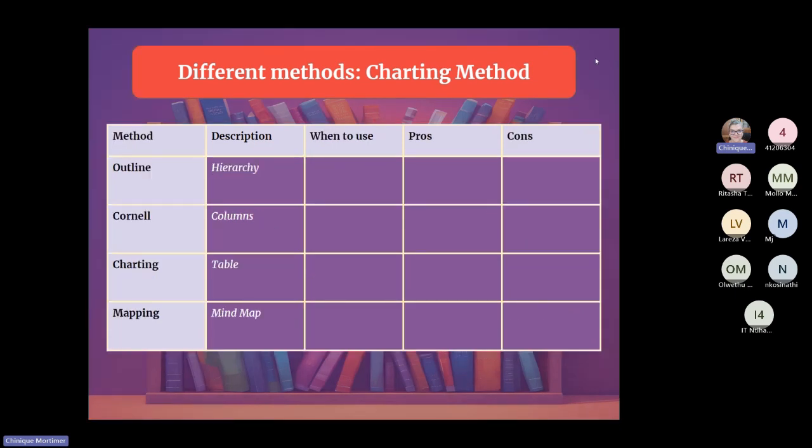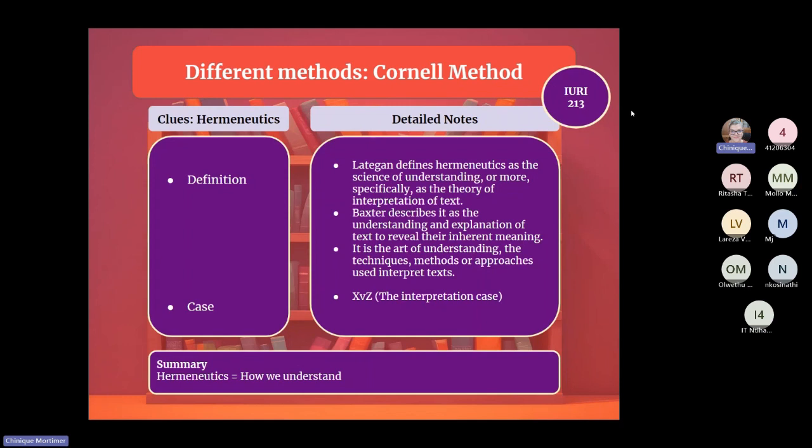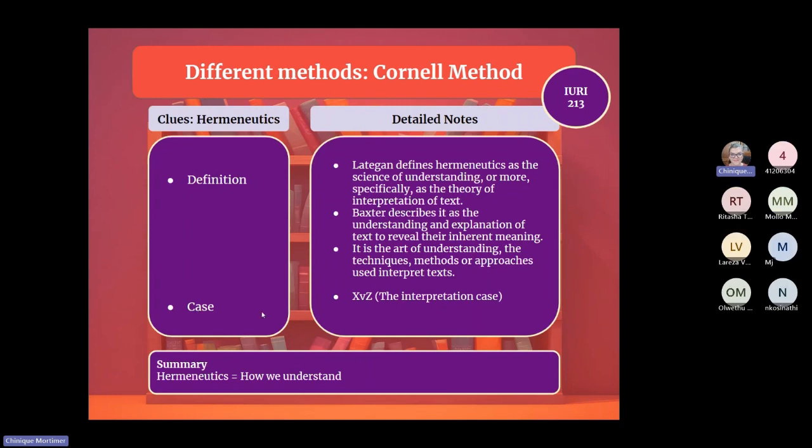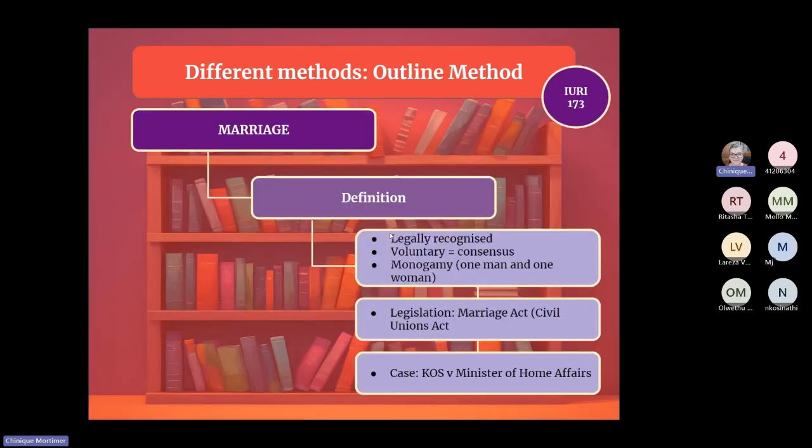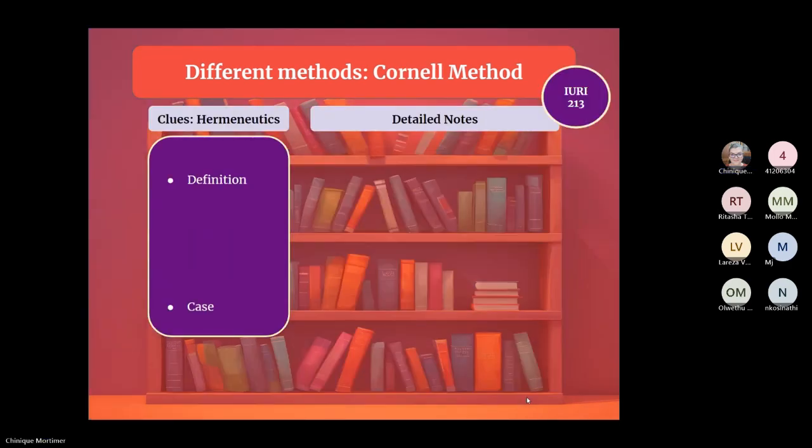If I go up, it's definition, case, legislation that I will add here. If I go up, then it's definition or description, legislation, case here. Okay, so this is important for what we are going to get to just now, right?